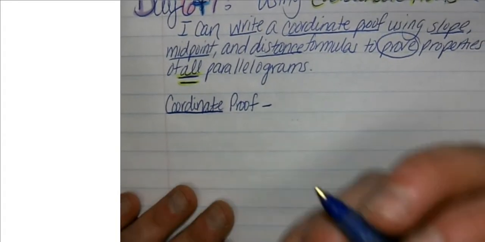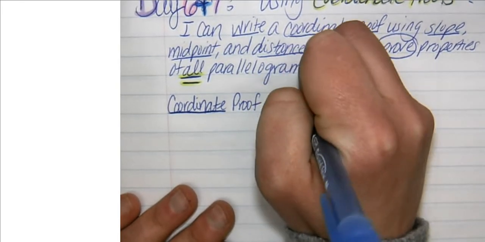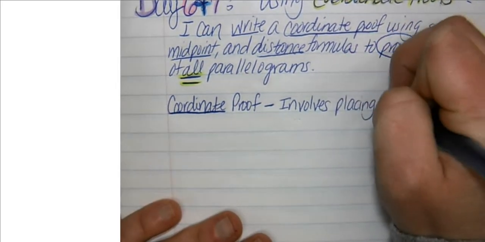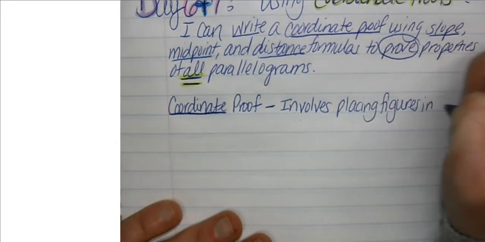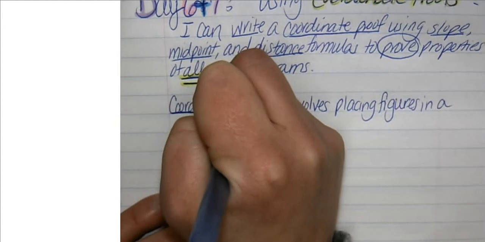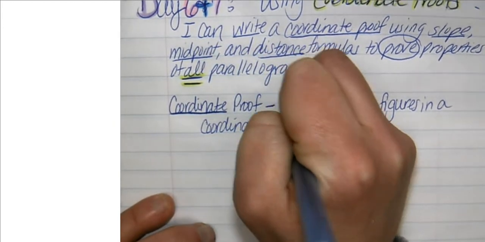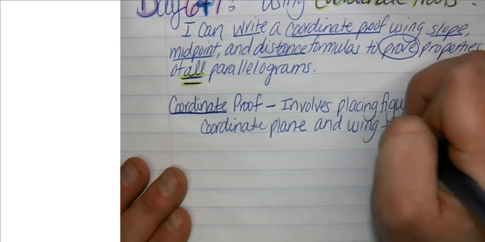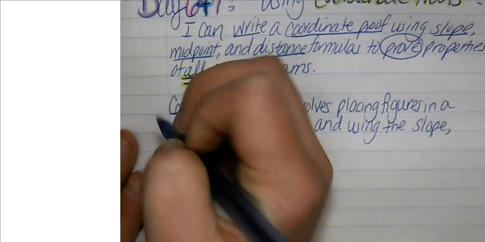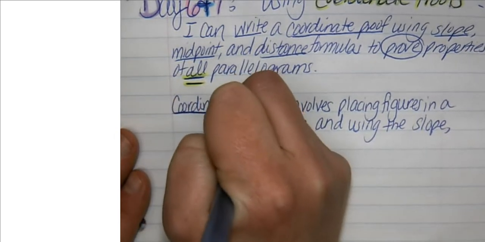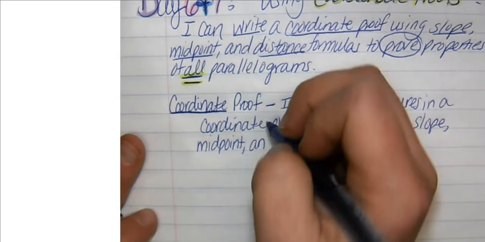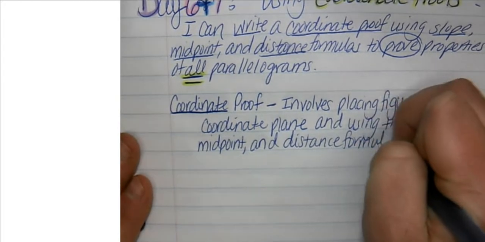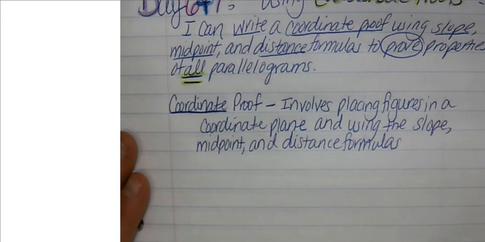And a coordinate proof involves placing figures in a coordinate plane and using the slope, midpoint, and distance formulas to prove statements about a figure.